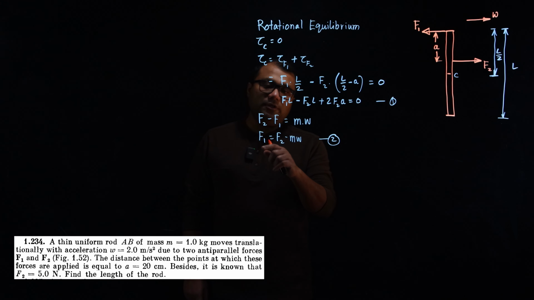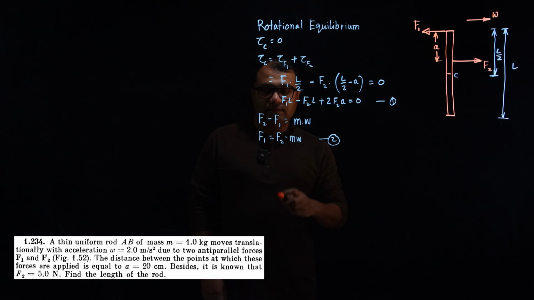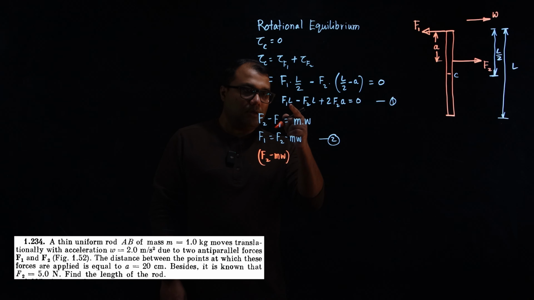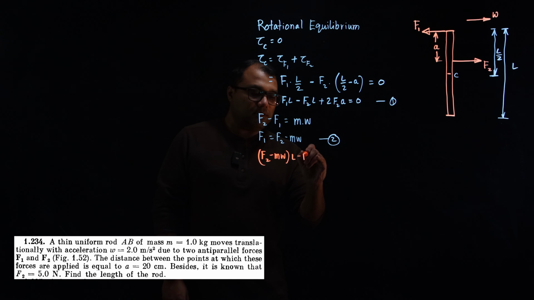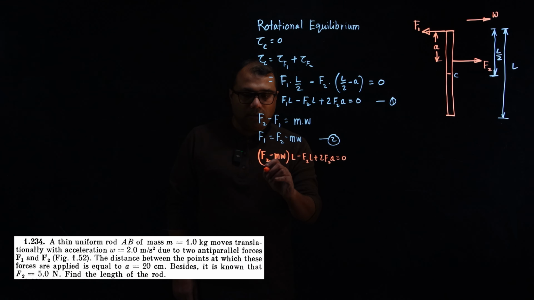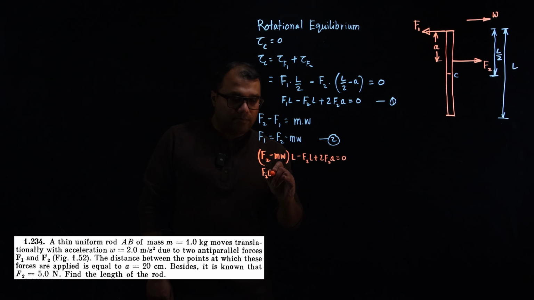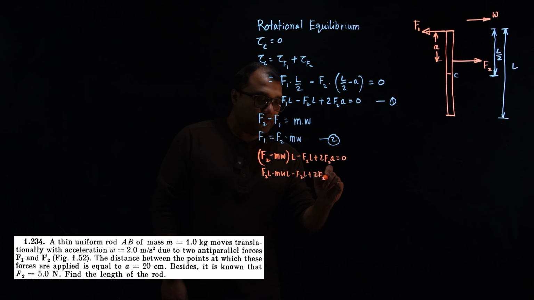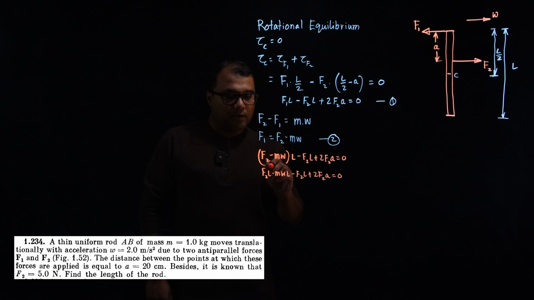So, if we substitute the value of F1 in this, it becomes (F2 minus mw) times L minus F2L plus 2F2A equals 0. So, F2L minus mwL minus F2L plus 2F2A equals 0.